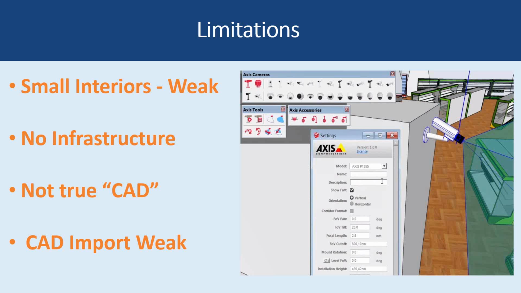Sometimes the devil is in the details, and those are details that you just don't get with this free camera extension. And then the whole back end of the camera design, things like network or power or switch, IDF, MDF, distribution, storage, none of that is addressed by this tool.